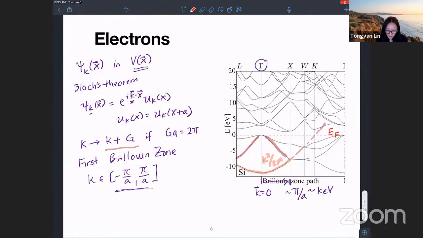So that means all of the eigenstates are filled up to that energy. You can imagine these bands really as having a discrete number of eigenstates. So really, it's like this. And as we fill it up with all of the electrons in the material, it goes all the way up to here. So everything below is going to be the occupied states, and everything above are available states we could excite to.